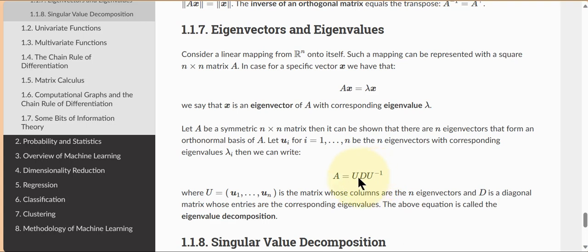And so this is very interesting. Now we have that if A is symmetric, we can write it like this. Now, who cares about that? Why is that interesting? This is called factoring A into a product of three different matrices.